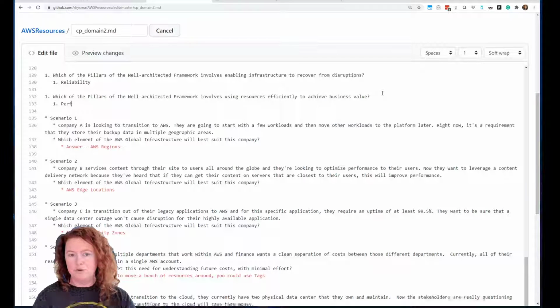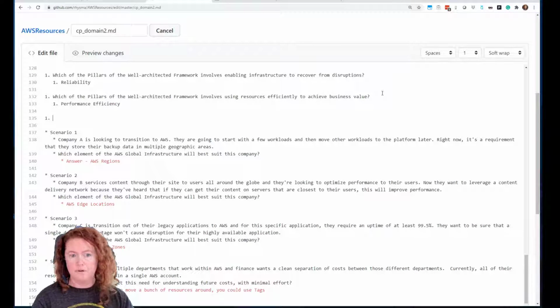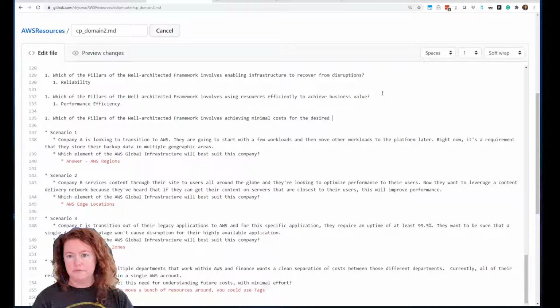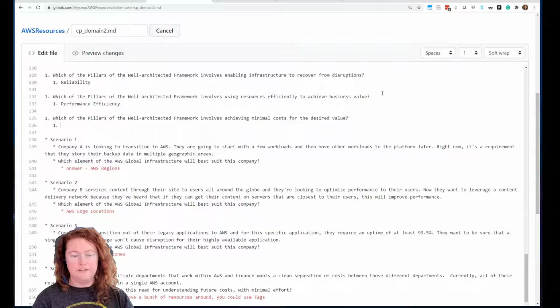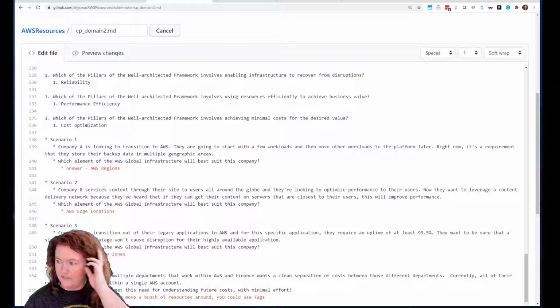And that is performance efficiency. And then, which one involves achieving minimal costs for the desired value? And that is cost optimization. So you definitely want to study those. They're on the test. That's why I gave you the link.